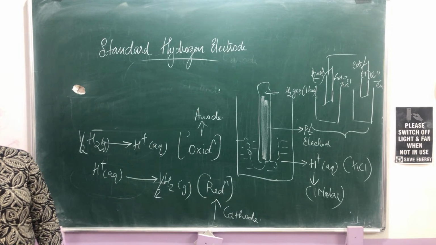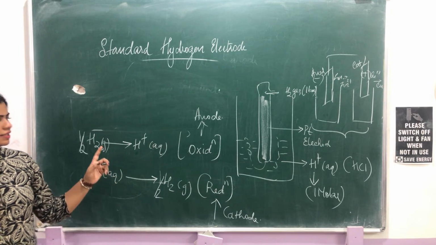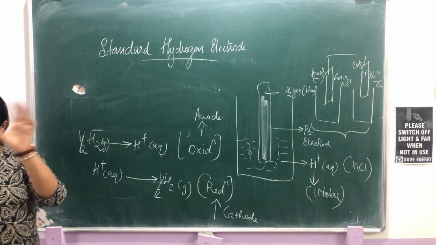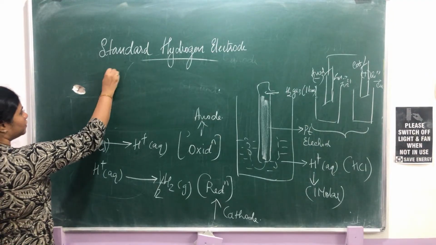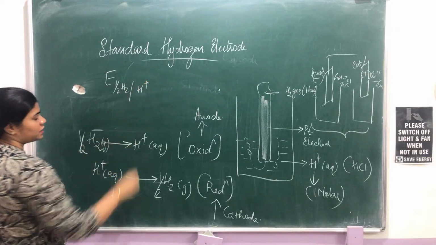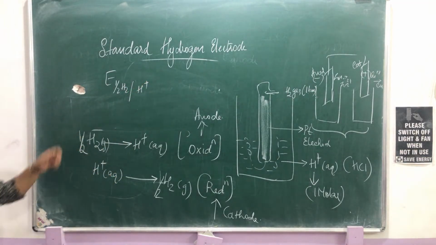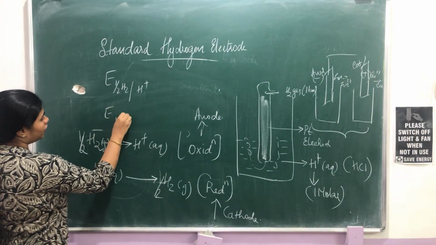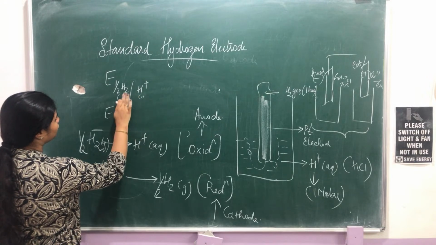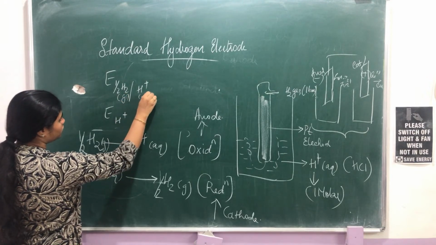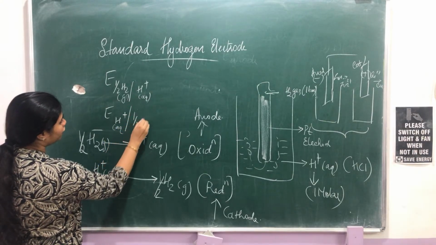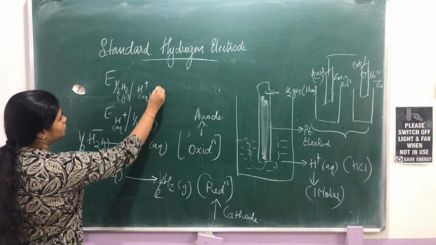If I consider this as E cell or anything, how do you write the cell reaction for this? I have told you how to write the E cell, no? How do you write? E half H2 bar H plus, gas aqueous. What is the other one? H plus aqueous bar half H2 gas.